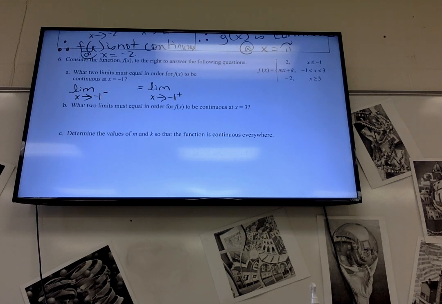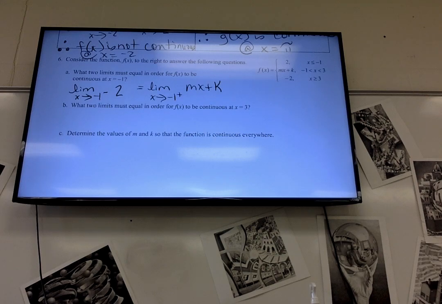F of x is right, but as x approaches negative 1 from the left, which one is it? It's 2. And as x approaches negative 1 from the right, what would it be? mx plus k. Yeah. I just wanted to be more specific.